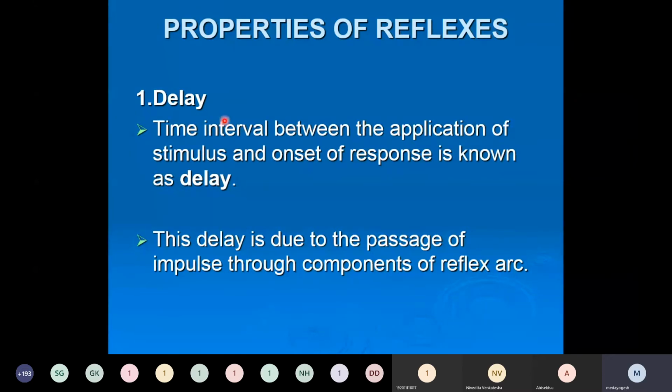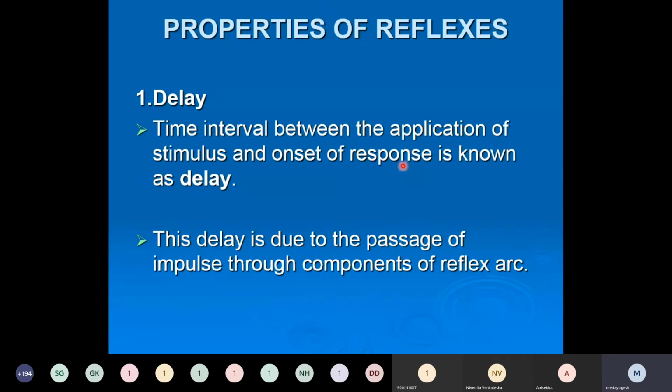There is a time interval between the application of the stimulus and the onset of the response. This is known as the delay. Once the stimulus is applied, the response happens after maybe a few milliseconds, sometimes even microseconds. So why is this?